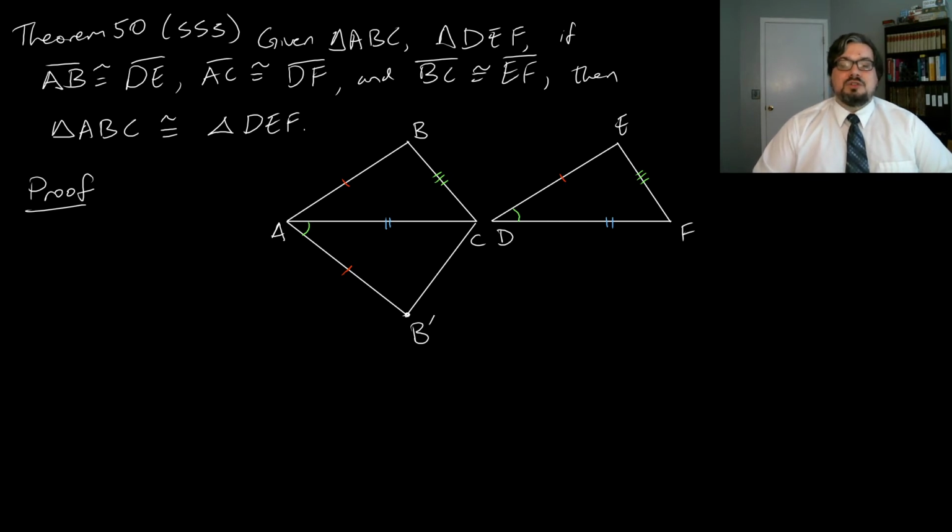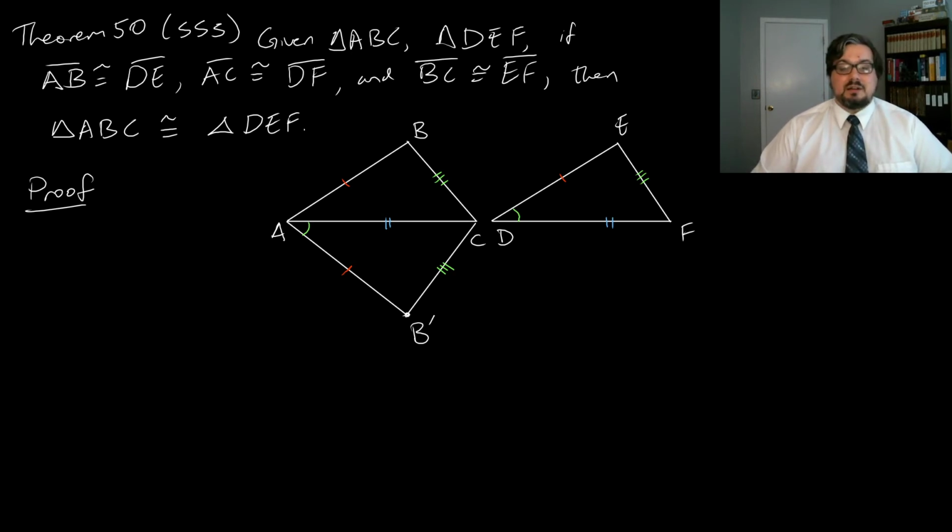But now what you'll notice about AB prime C is that it's going to be congruent to the triangle DEF. It's going to be congruent to triangle DEF by side angle side, because the red sides are the same, the blue sides are the same, and the green angle in between them are all the same. So we're going to be able to get this right here. And that's where things are really going to kick off.